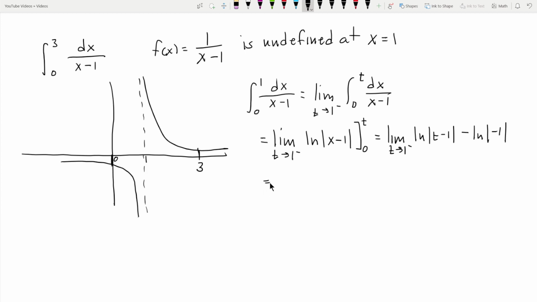And since this is absolute value, as t approaches 1 from the left-hand side, I'm getting ln of 0 there. Let me think. Okay, I know what I can do.